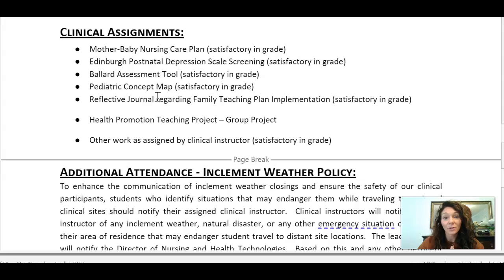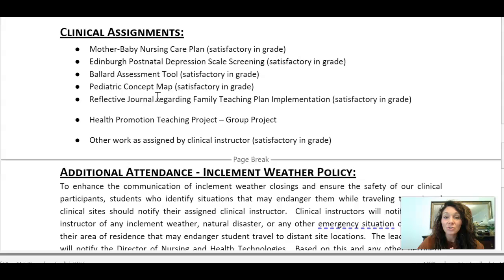You will not have another opportunity to complete this care plan other than that one day, and it is a clinical objective for this class. I cannot be more clear with you about that. You have to meet your clinical objectives to pass the class, no matter what your grades are on tests.